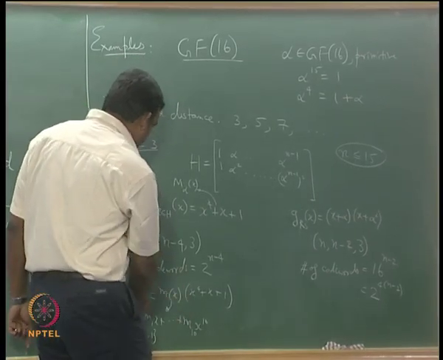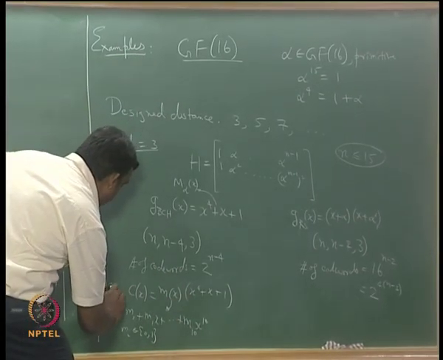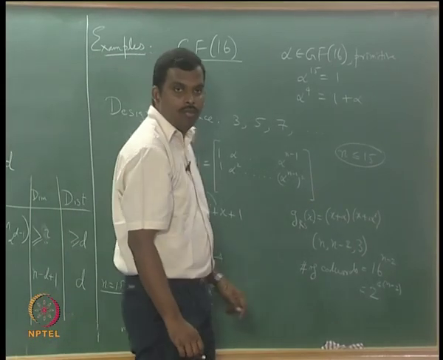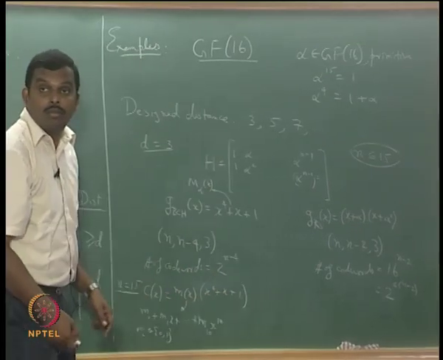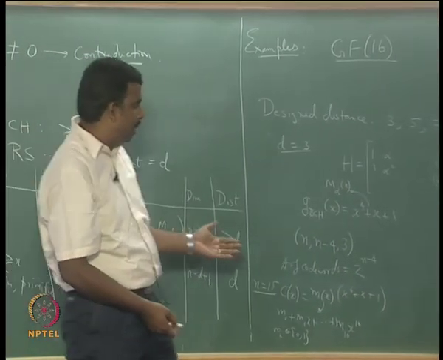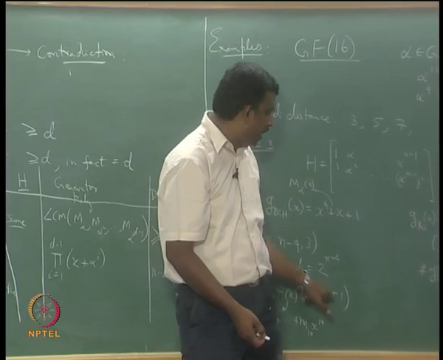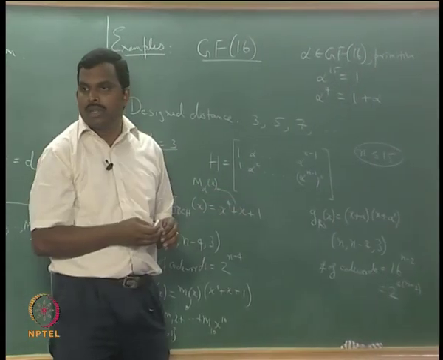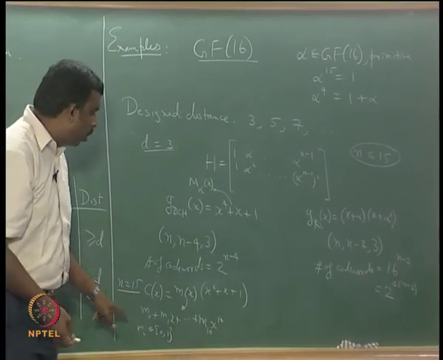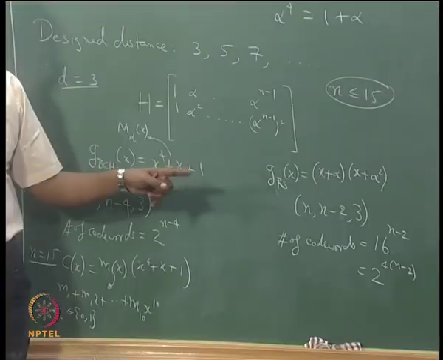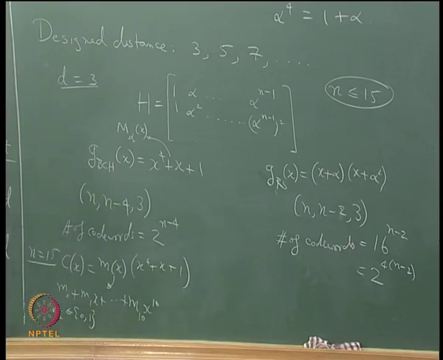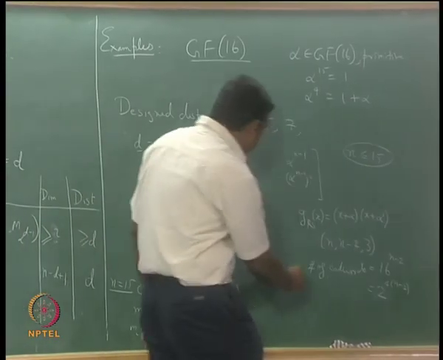Okay, so this is n equals 15. I am sorry. Yeah, so the picture will be very similar, except that this polynomial will not be x power 4 plus x plus 1, it will be x plus alpha into x plus alpha squared, and the coefficients will go not just till 10, it will go all the way till 12, right. So you multiply with g of x, okay. So if you want, I can write that down.